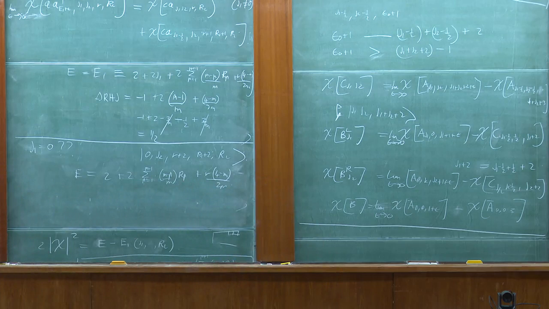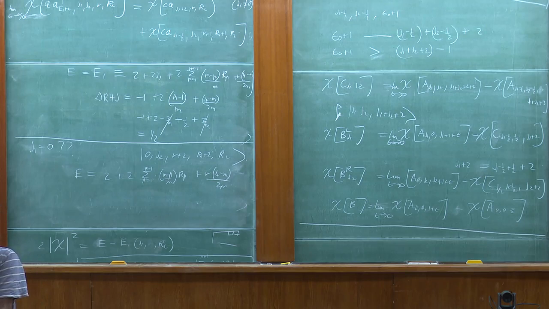With J1 equal to 0, how do you decide whether it is C or B? It's C if E is equal to E1, and B if E is equal to E1 minus 2. We are looking at what happens in the C representation, where E is equal to E1. The B-type representation, which is a special case, is E1 minus 2.